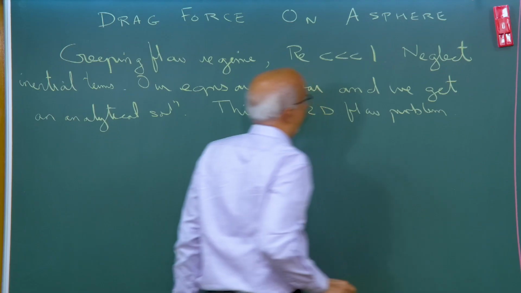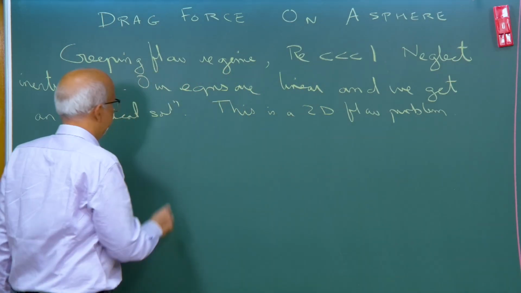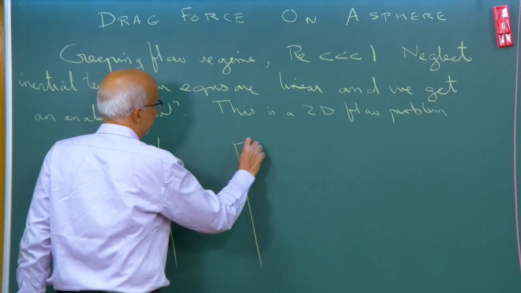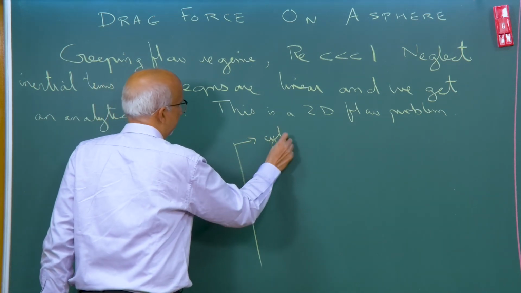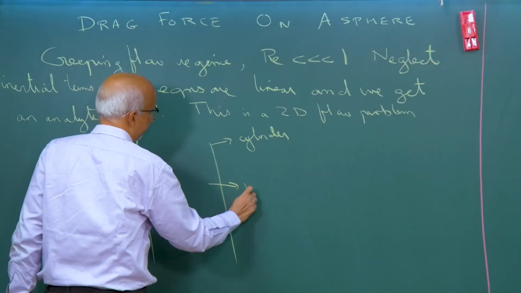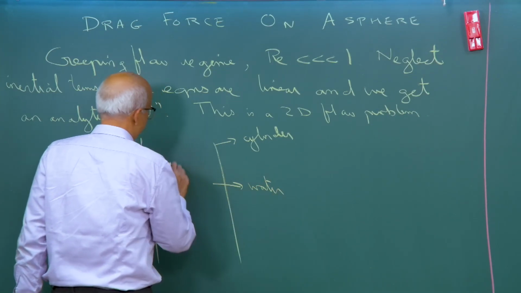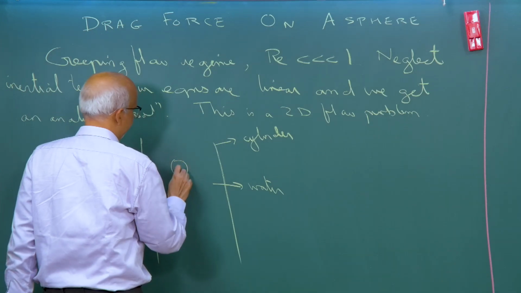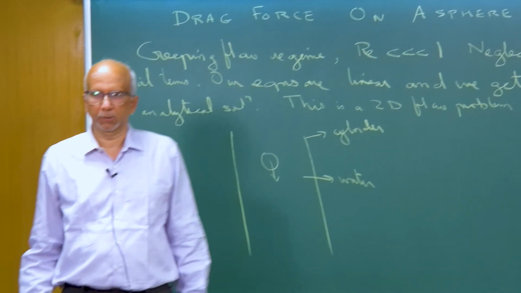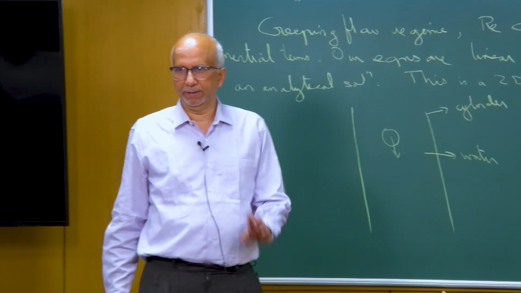What I am talking about here is your typical experiment. This is the cylinder containing liquid, this has water inside it, and you drop this metallic sphere which is falling down.